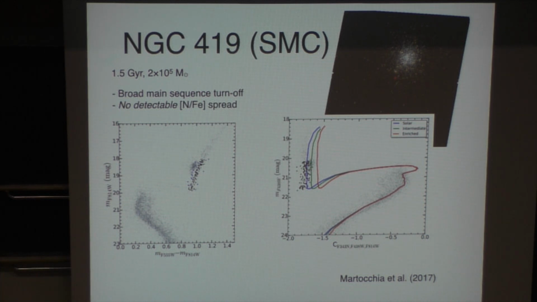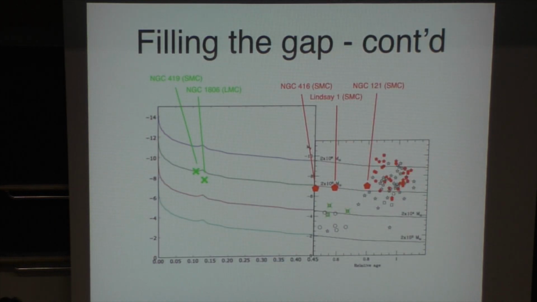So in spite of the extended main sequence turn-off here, NGC 419 doesn't seem to have any anomalies as far as chemical composition goes. So we can put another couple of objects over here, right? 419, 1806. And then these are the ones that do show it, NGC 416 and Lindsay 1 over there. There's still a bit of a gap here in the middle, so we would like to continue to decrease that gap.